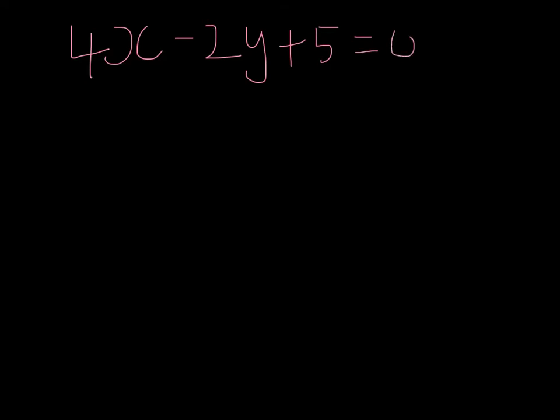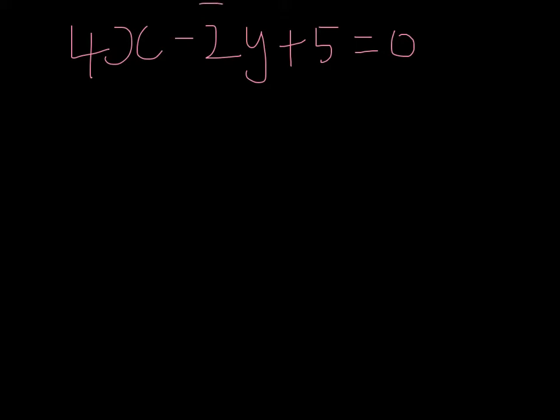Okay, so our first step is, we've got our equation, and we need to rearrange it, because at the moment I've got the equation in standard form. I want to rearrange it so it's in gradient intercept form, or y equals mx plus c.